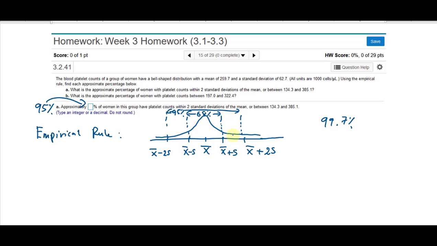Inside 2 standard deviations above and below the mean, we have 95%. 1 standard deviation, we have 68%, and 3 standard deviations, we would have 99.7%. And we can see this rule or the figure on page 104 of the textbook. Okay, so that is the answer for part A, 95%.